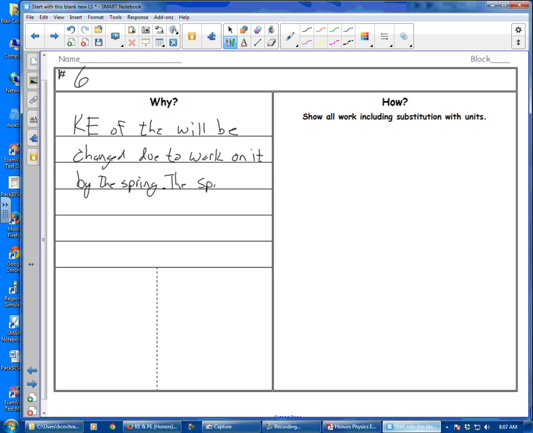The spring will do work. Work done on the spring. The spring will use this work to gain potential energy.